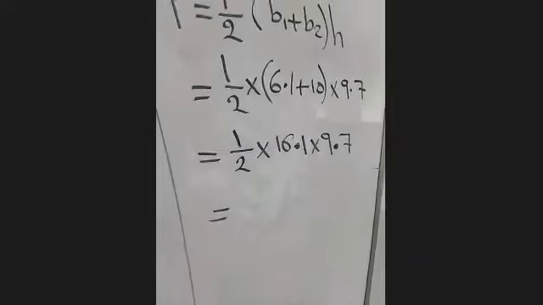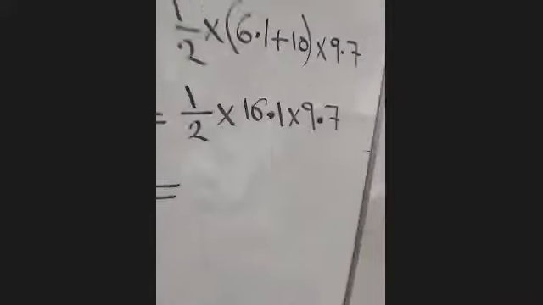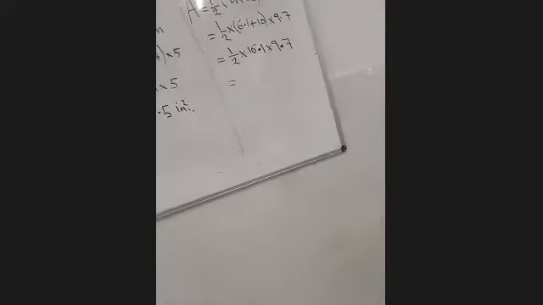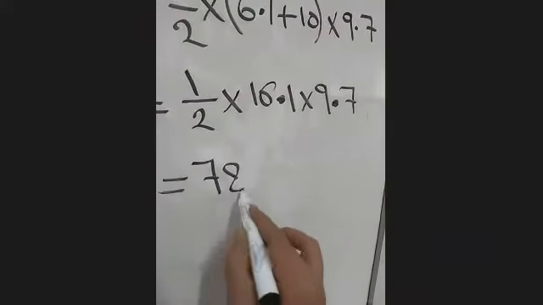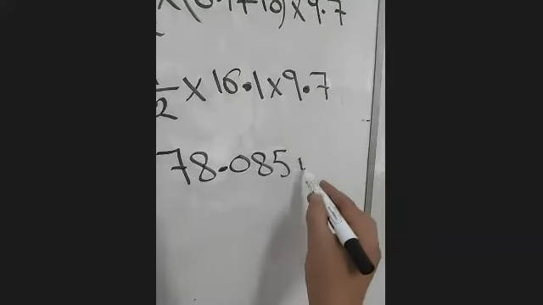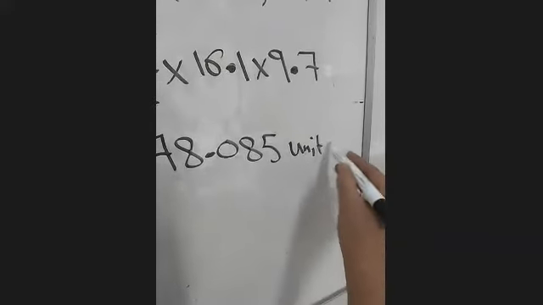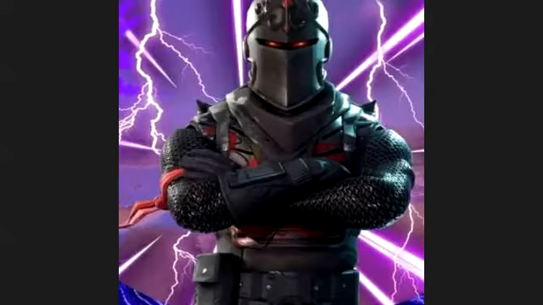Now we multiply, then divide by 2. The answer is 78.085 units squared. Do you understand, Najm?